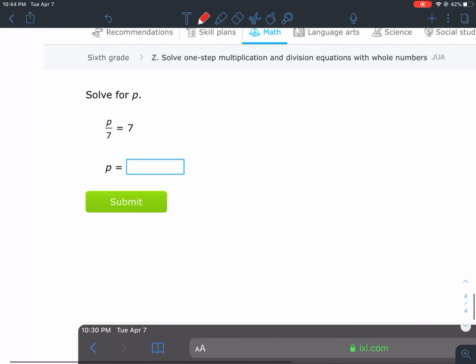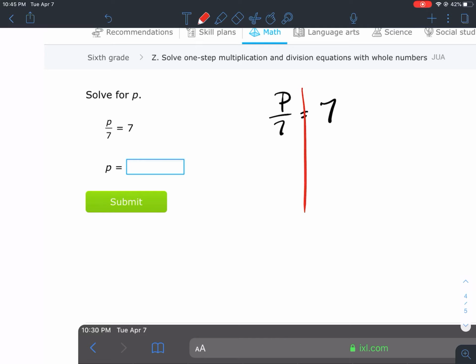Okay, now let's look at a division problem. I have P divided by 7 equals 7. So I have a number divided by 7 is 7. So what could that number be? Hey, we kind of did this problem, but the other way. So I'm going to go ahead, balance it out, and ask myself, what's the opposite of division?